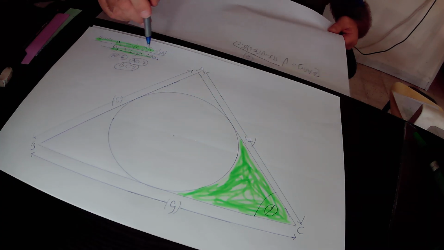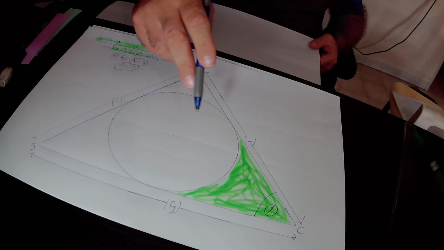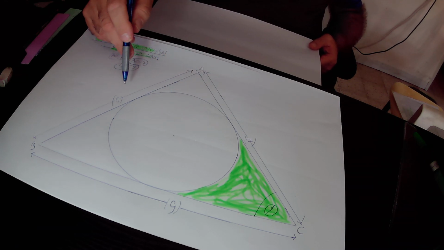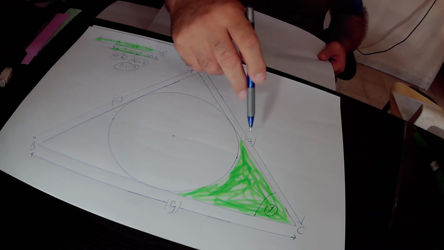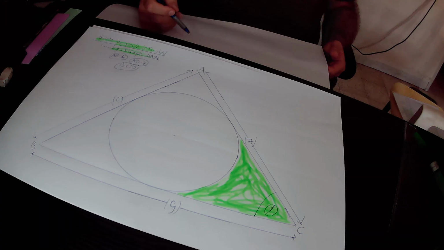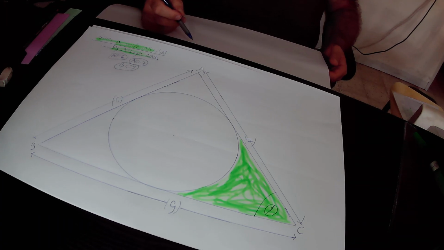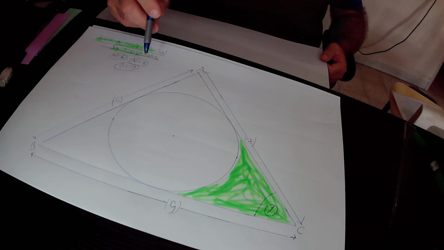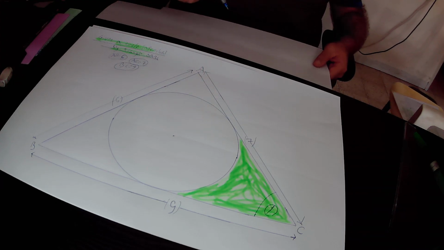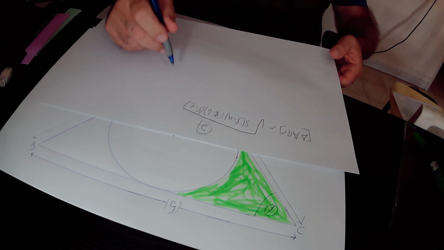A, B, and C are the side lengths of triangle ABC, that are 6, 9, and 7, and S is the semi-perimeter of this triangle ABC. What is the semi-perimeter? The semi-perimeter is the perimeter over 2. That is to say, it equals the perimeter, 6 plus 7 plus 9, divided by 2.